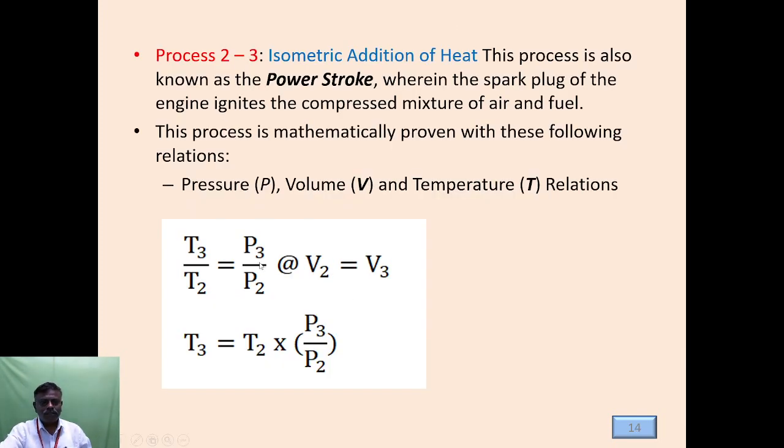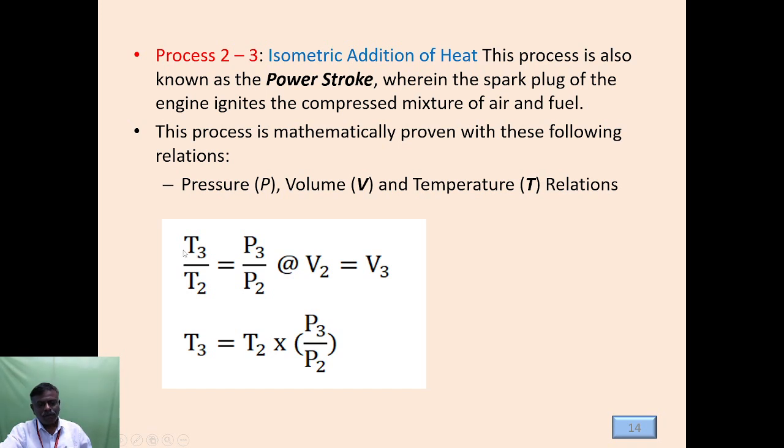Process 2 to 3 is an isometric addition of heat. This process is also known as the power stroke, wherein the spark plug of the engine ignites the compressed mixture of air and fuel. The process is mathematically proven with these relations, the PVT relations.